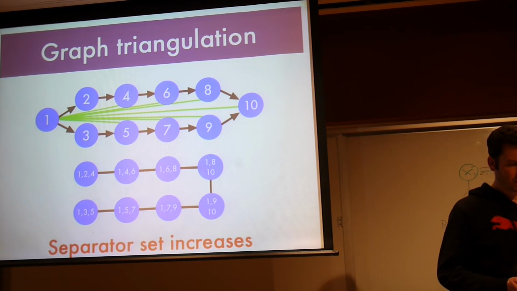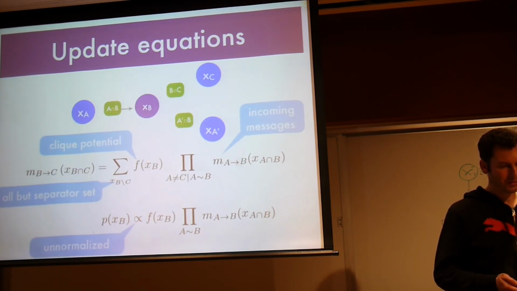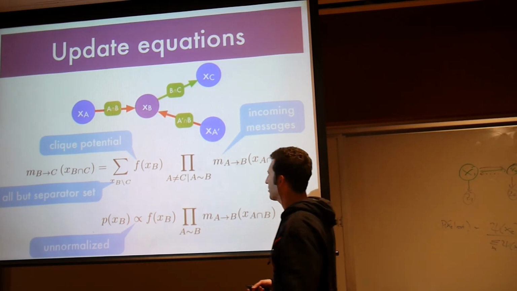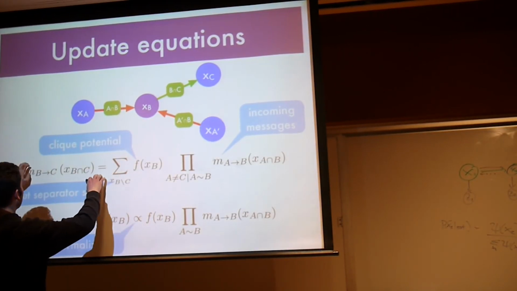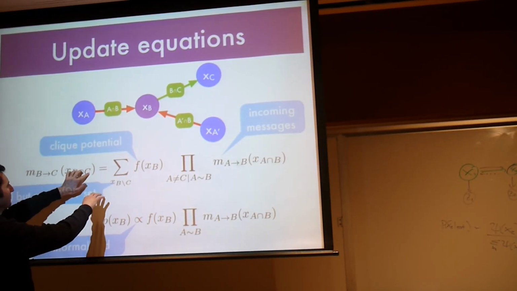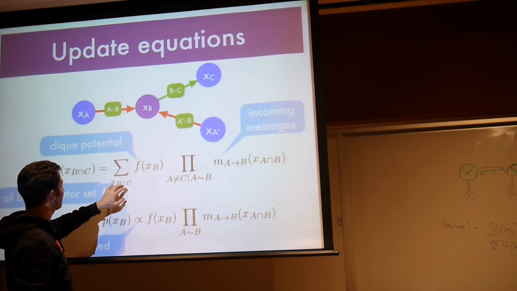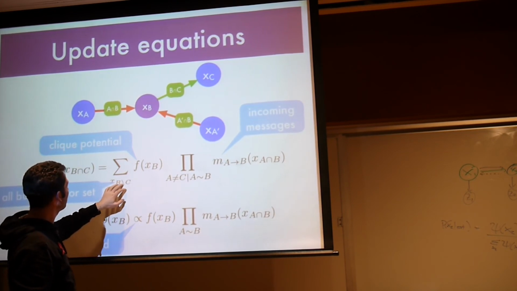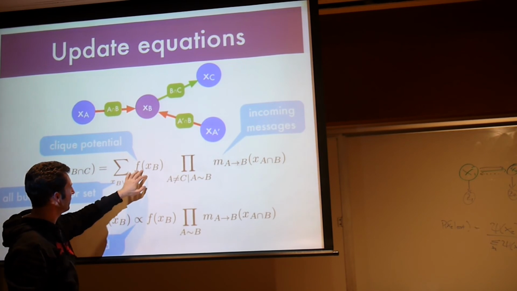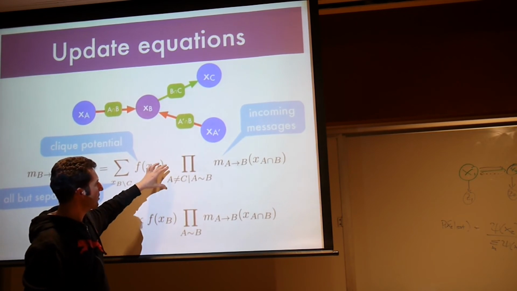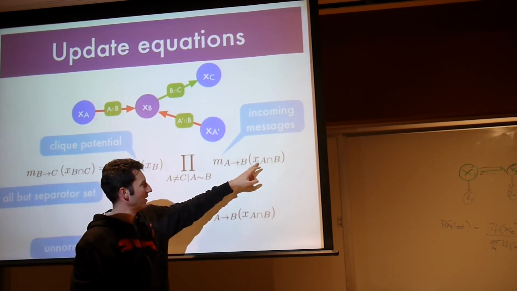Now let's review the update equations again, because now we're going to do essentially the generalized distributive law. So here was our update. The message from B to C was given by summing over everything that's in B but not in C of f of x_B times all the incoming messages that I received, which of course depend only on variables in x_B.